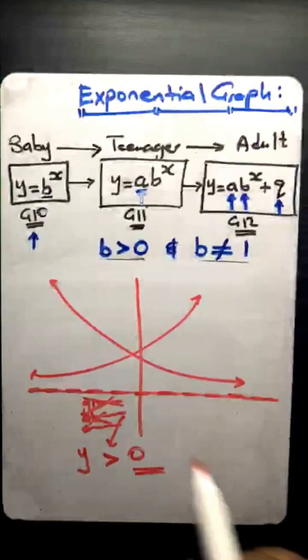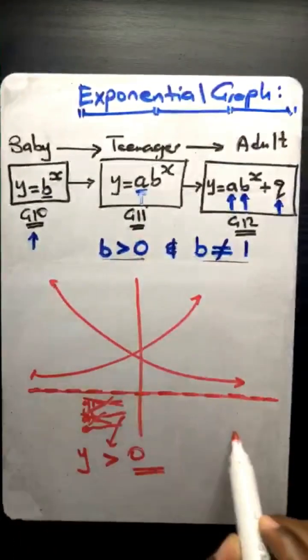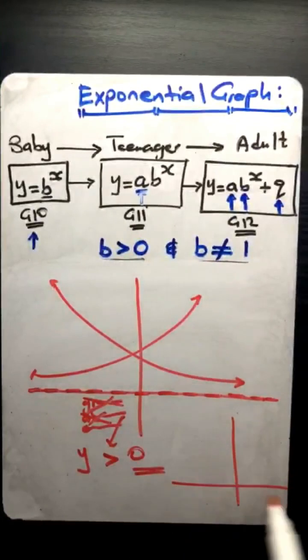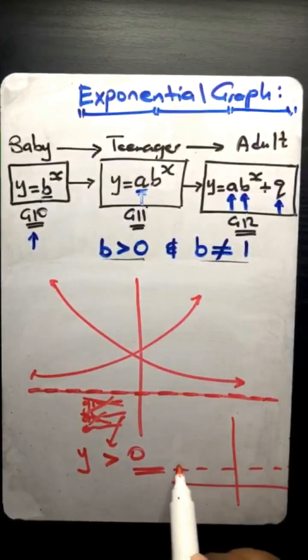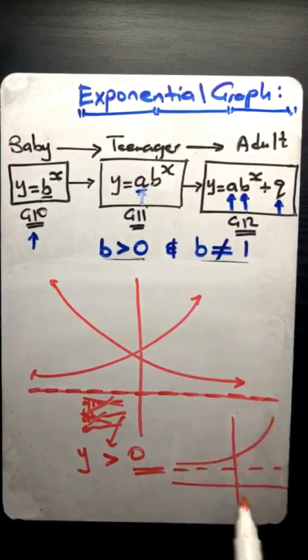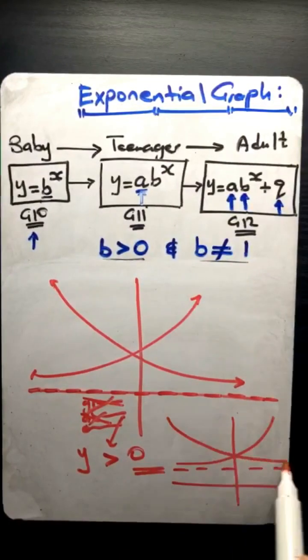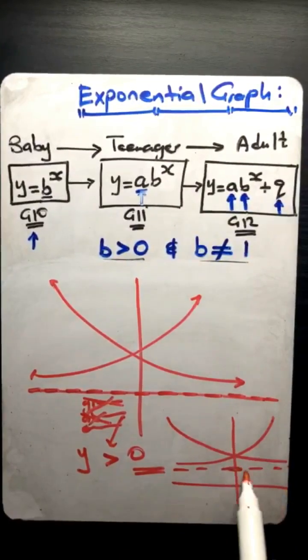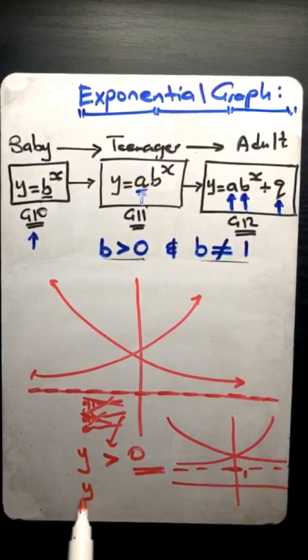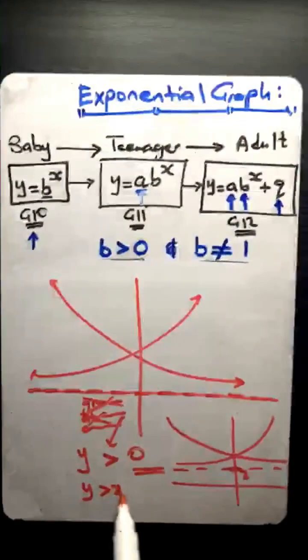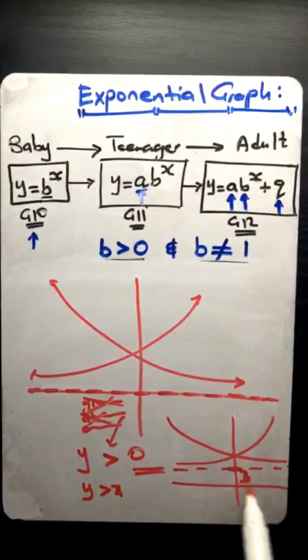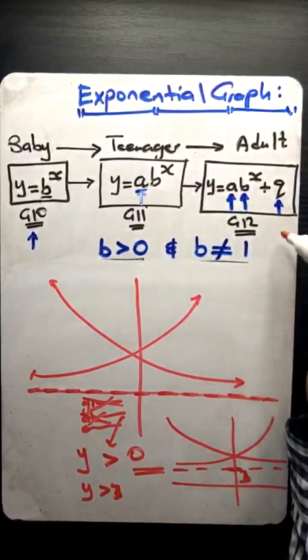So if the asymptote now moves, let's say it is not at 0, but it is somewhere there, that means our function will always be above that, because it never touches, it never crosses. So if there you are having 1, you are going to say the range is where y is greater than 1. If it was 2 there, 2. If it was 3 there, 3. So your range is dependent on your asymptote.